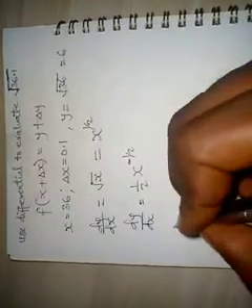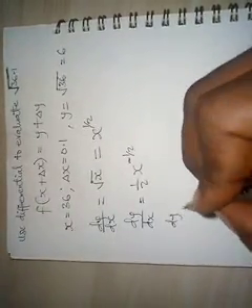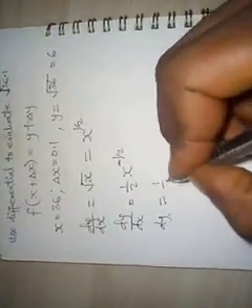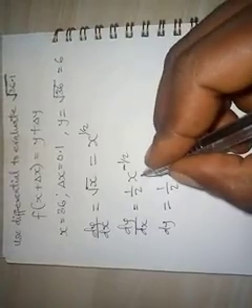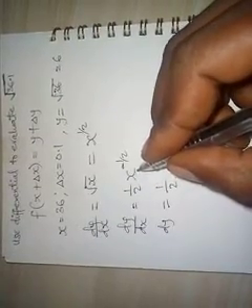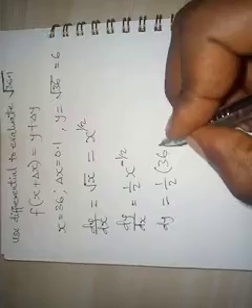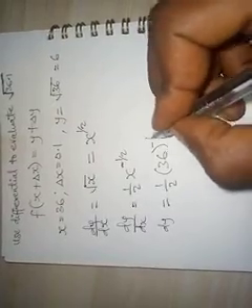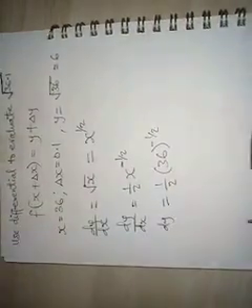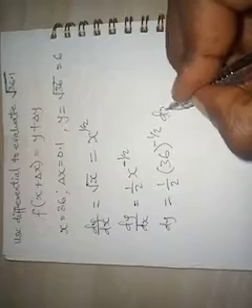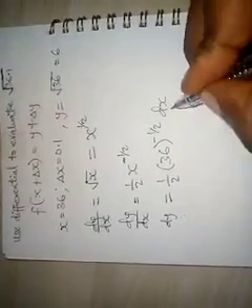So dy is equal to 1/2. Remember, the value of our x happens to be 36. So we replace it, 36 raised to power minus 1/2 dx, by making dy subject of the formula.